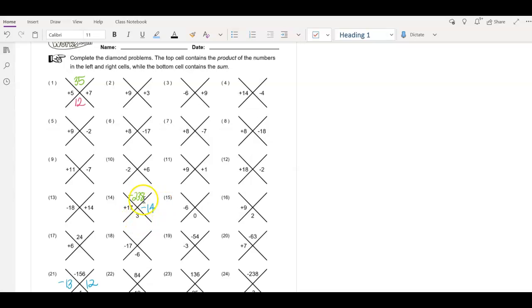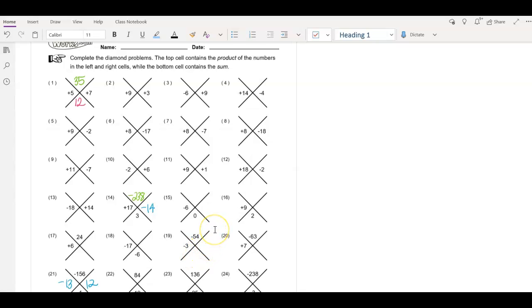Then I can go back at the end and fill in what the product of those two numbers is. So go through 14 to 20, see if you can figure out what the other factor is first, and then go back through and fill in either the product or the sum, whichever one is missing.